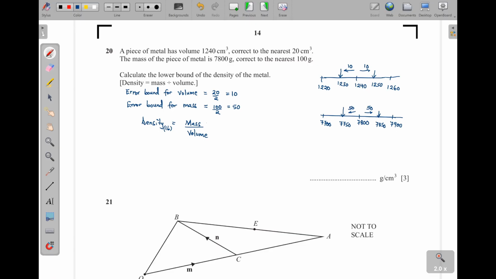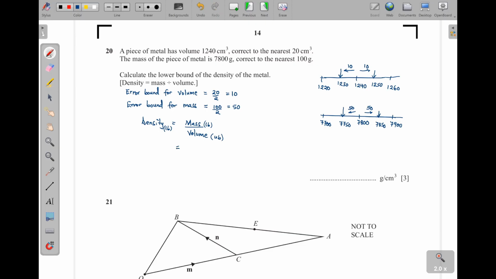That means what you are having has to be small here, and then you divide it by something big. So this will be the upper bound. So mass lower bound divided by volume upper bound. You want to get something small. So the small you have, divide it many times, you remain with something very small.